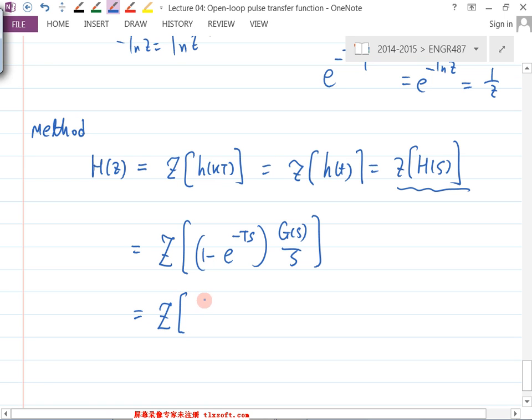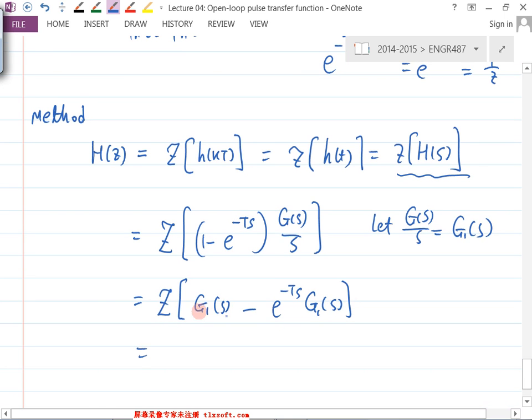So I'll multiply this temporarily. I'll let g of s over s, temporarily, be one function g1 of s. So 1 times g1 of s minus e to the power of negative T s g1 of s, like this.